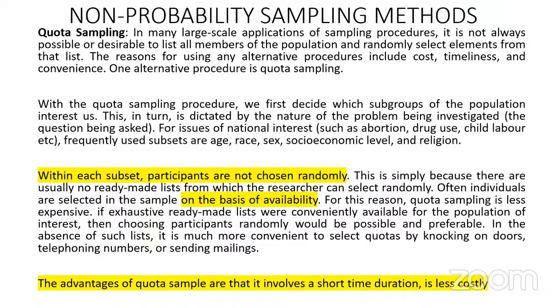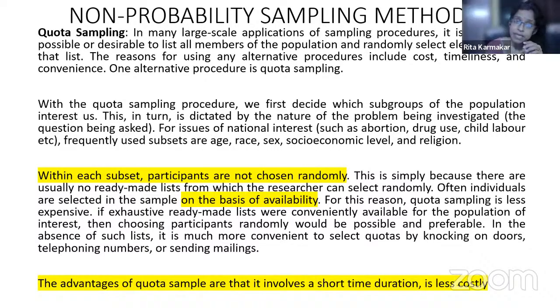So that means from each one of these subsets, the participants are not chosen randomly, because it's a very specialized thing that you are going to study. And it is based on convenience. Maybe you are contacting your neighborhood tea stall where there are 2 child laborers, and both of them you found are male, boy child labor.